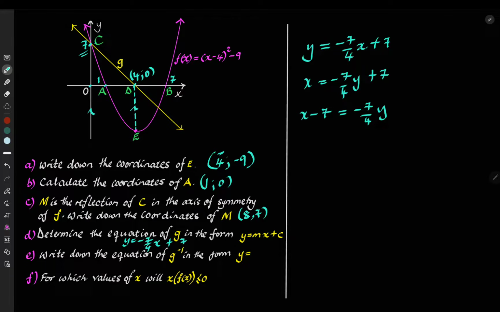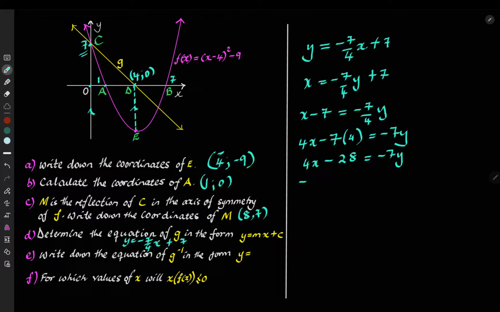Then we just multiply everywhere by 4 to get rid of the fraction. So 4 times x minus 7, that is 4x minus 28, is equal to negative 7y. Then we just divide by negative 7.